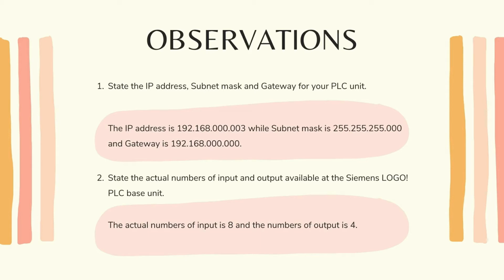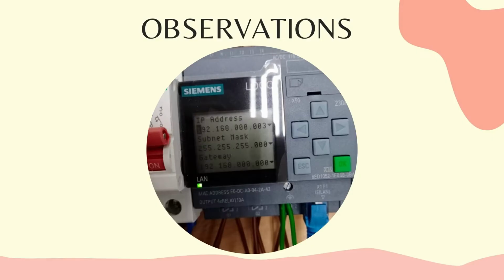For question 2, state the actual number of inputs and outputs available at the Siemens LOGO PLC base unit. So the answer is the actual number of inputs is 8 and the number of outputs is 4. So this is a picture of our PLC. This one is the IP address, the subnet mask and the gateway for the PLC unit.